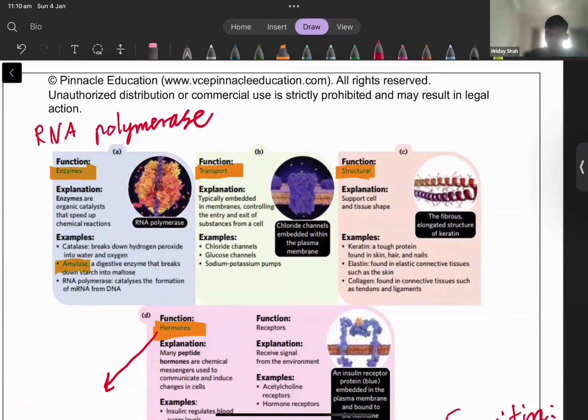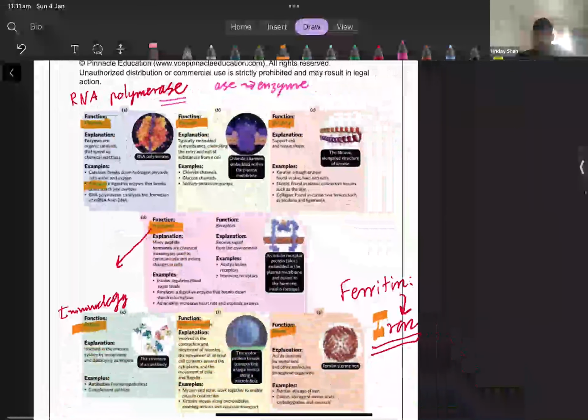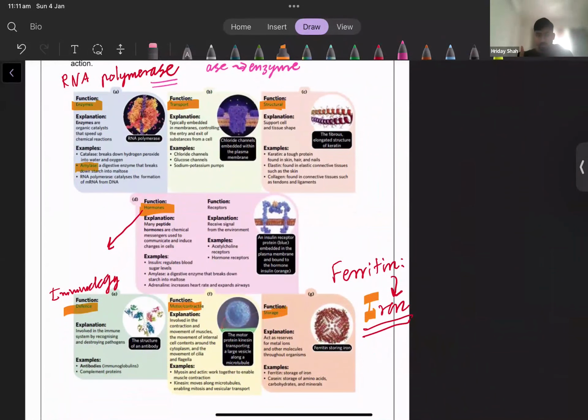Very quick tip, anything that ends in -ase means enzyme.